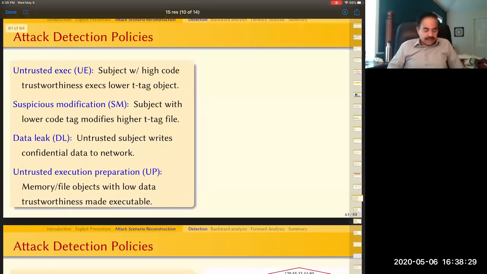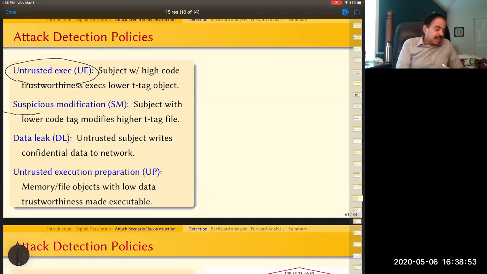And based on how this untrusted content is used, there are several policies for detecting attacks. The most common one being execution of untrusted code. Anytime some untrusted piece of code is executed, then you have an alarm.